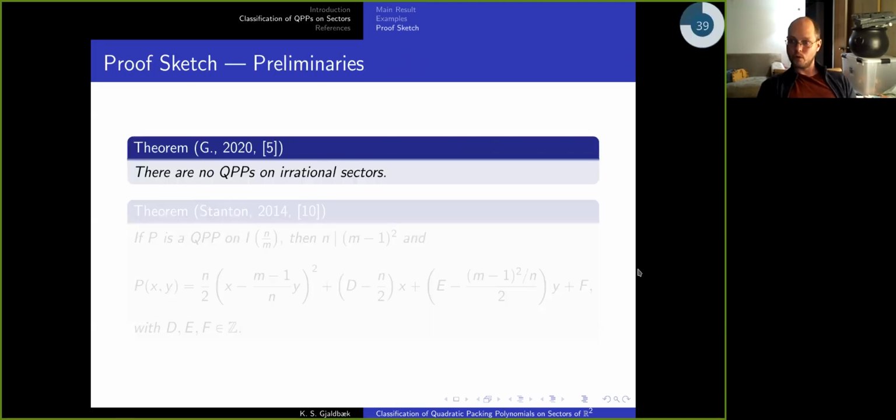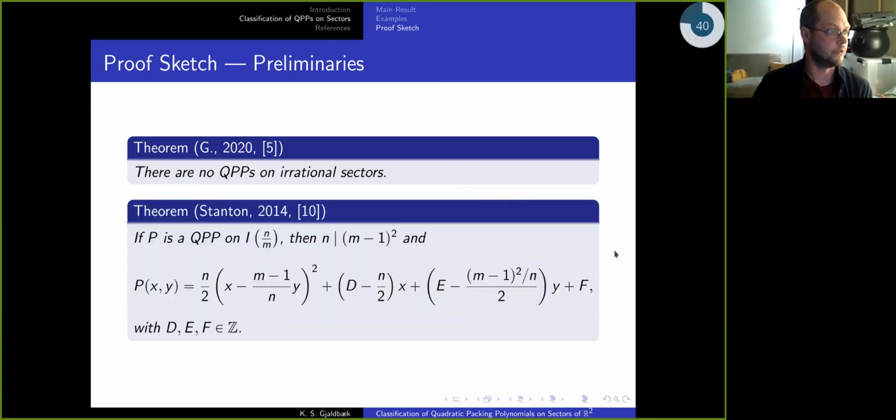Okay, so let me quickly sketch the proof. We start with ruling out irrational alphas. This is just referring to a previous result.